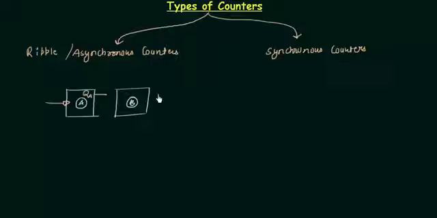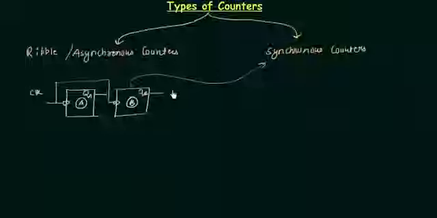This is QA and this is QB, and this clock is given to A as well as to B at the same time. So it is a very simple thing to remember. The only difference is regarding the clock.